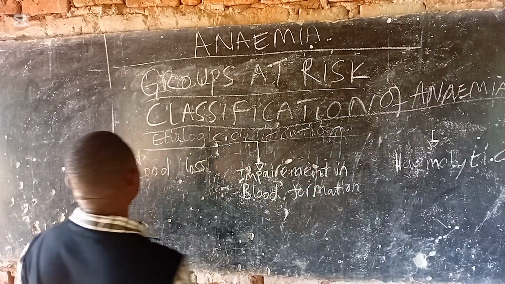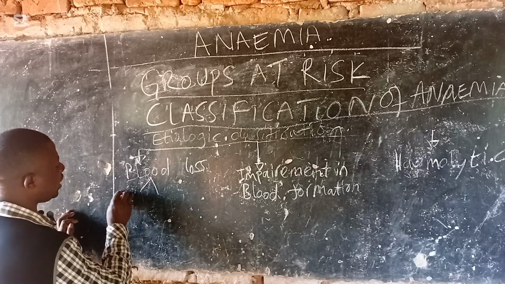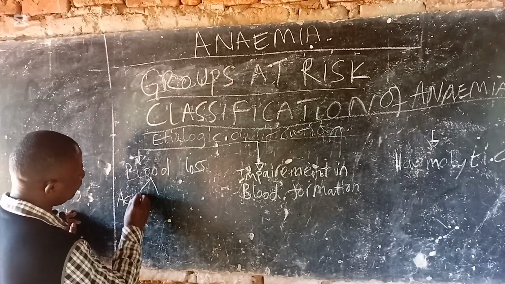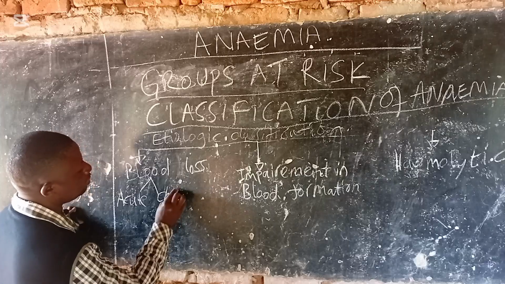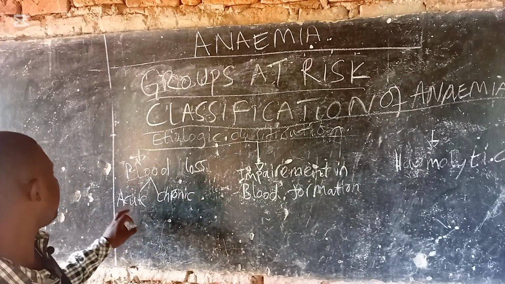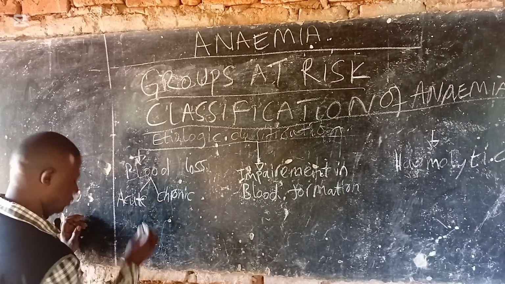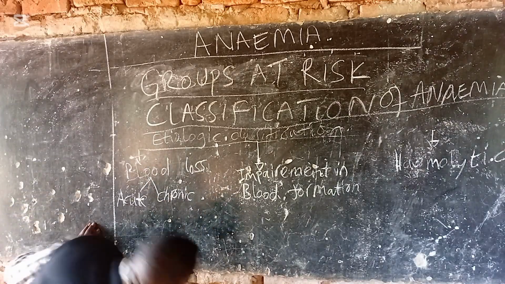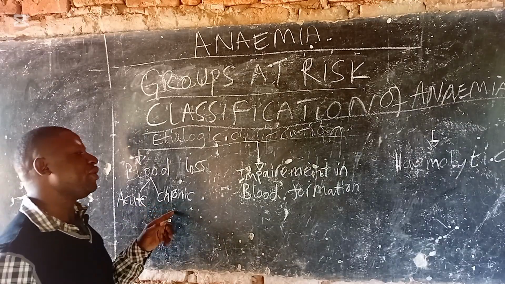Now, blood loss has two types: acute blood loss or chronic blood loss.